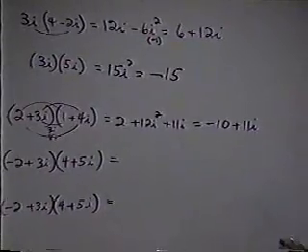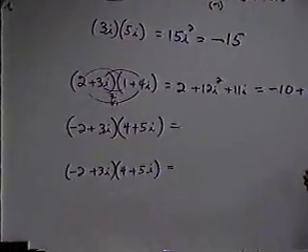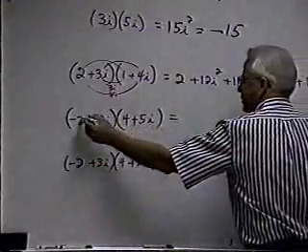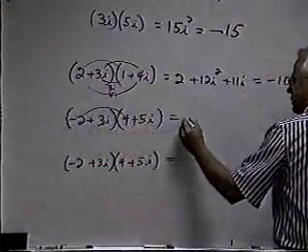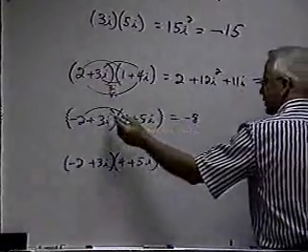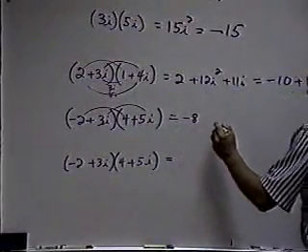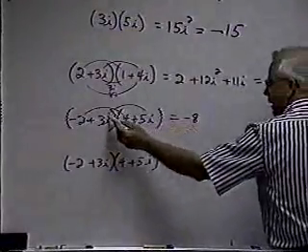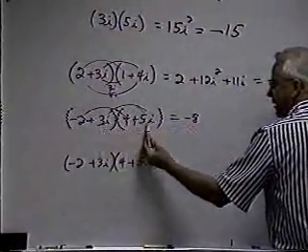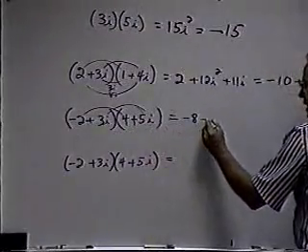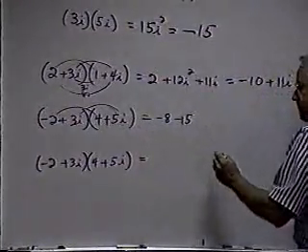Okay, let's do a couple more for practice. Let's say that we have this times this, that's -8. Okay, last times the last, we're going to do this in one step. You take the last times the last is positive 15i squared, which makes it a -15.